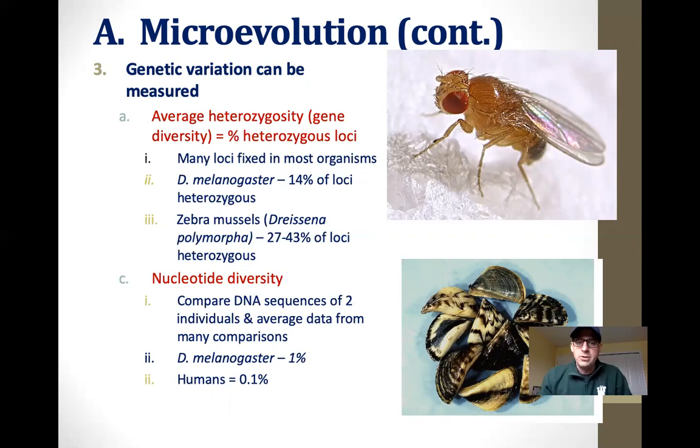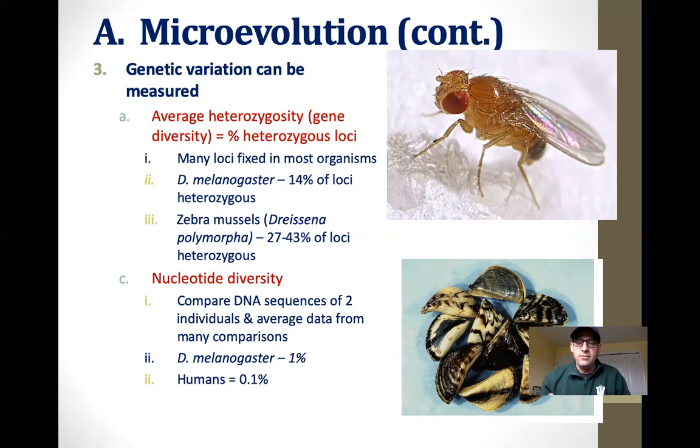Another way to measure genetic variation within a population is to measure nucleotide diversity. So you're going to compare DNA sequences of two individuals and then do that over and over again, comparing individual A to individual B, and then another two individuals and another two individuals.